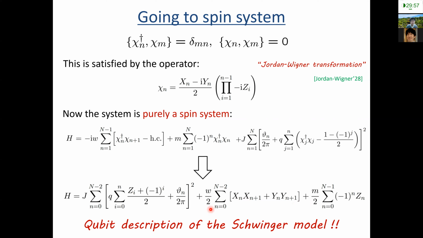This is similar to the XY model but with a spatially dependent longitudinal magnetic field and some non-local interaction. It looks complicated, but anyway, here we can naively apply algorithms used in quantum simulation for spin systems. So this is a qubit description of the Schwinger model.